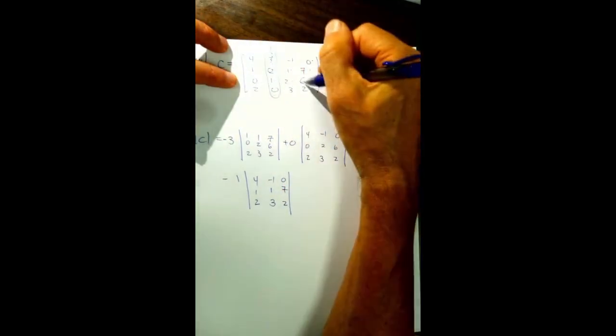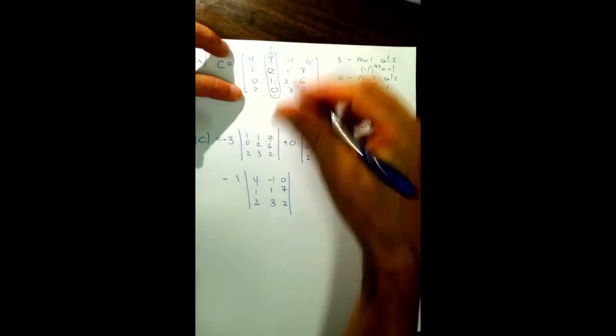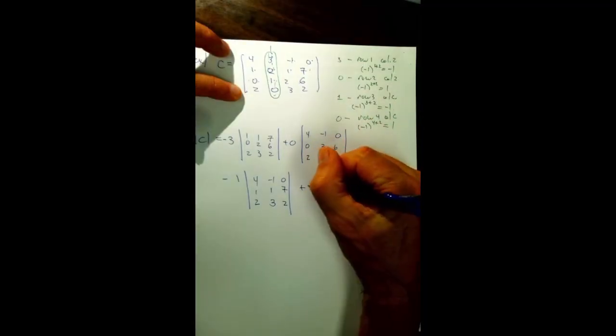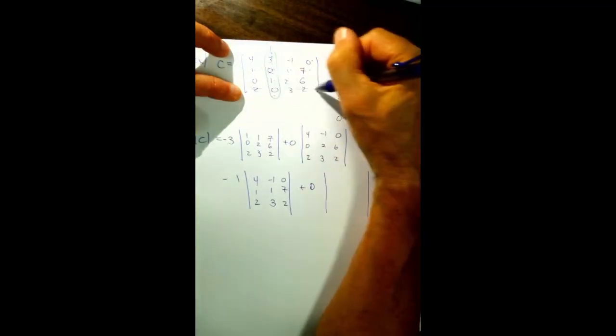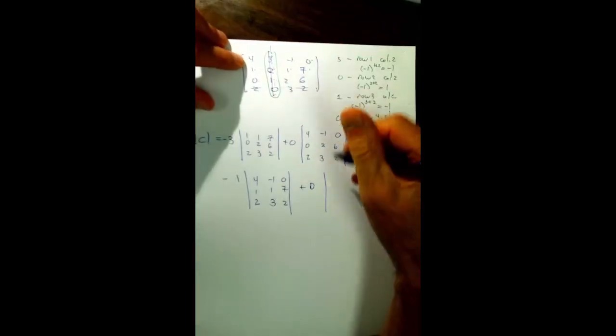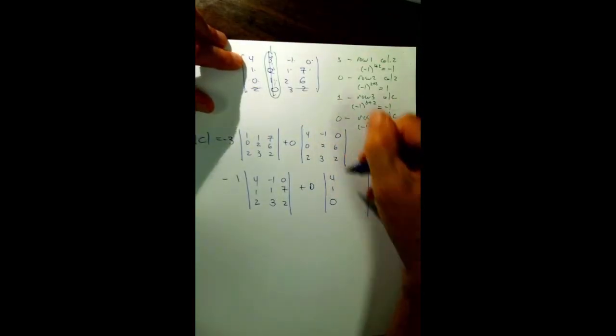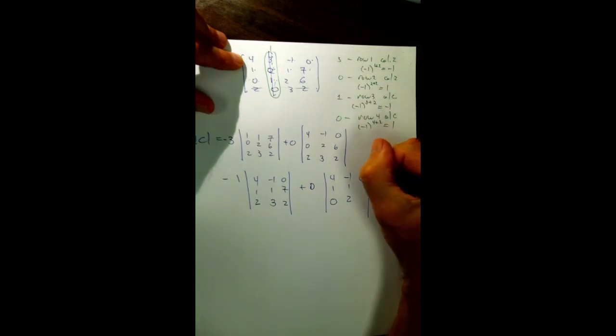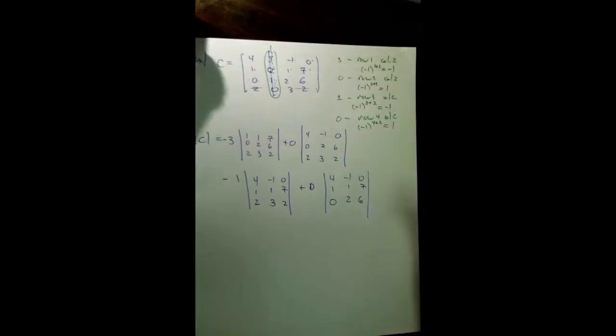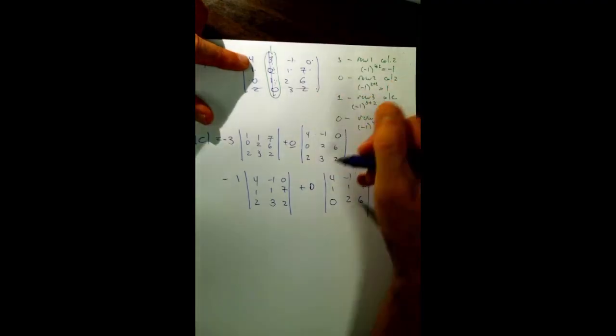So I've removed that row and that column. Finally here, I'm going to have plus 0 times the determinant. If I remove that row and that column, I've got 4, 1, 0, minus 1, 1, 2, 0, 7, 6. And again, 0 times that, I don't care what they are, it's just going to be 0.